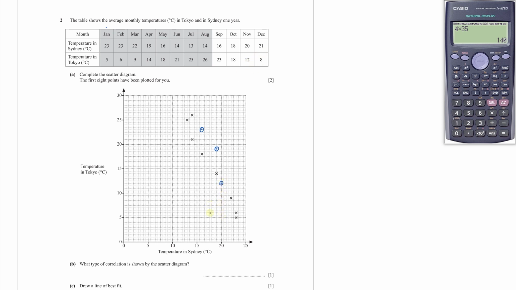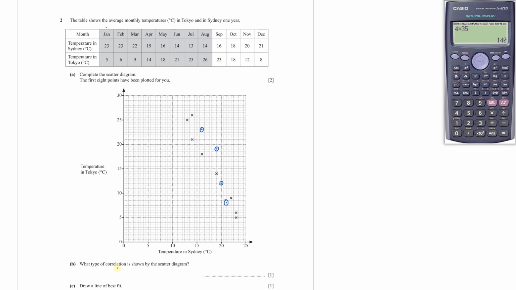And then 21 and 8. 21 is this, this is 10, 9, and 8 will be here. So this is 21 in Sydney and 8 in Tokyo. So we have completed this scatter diagram.